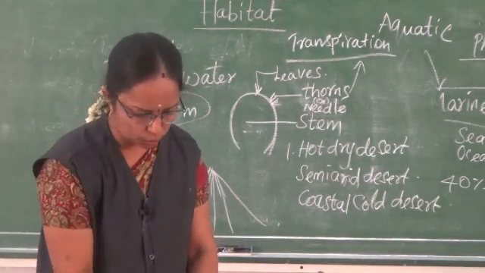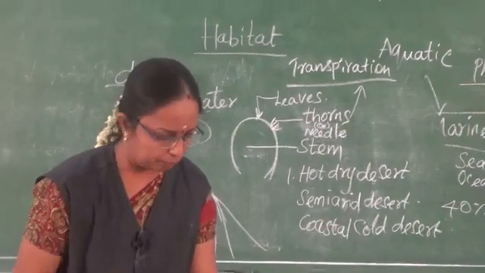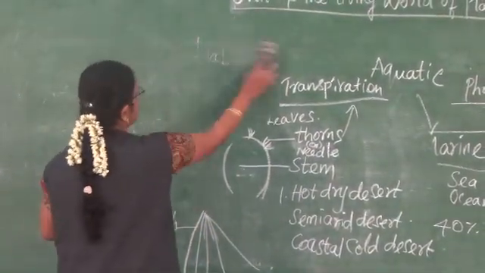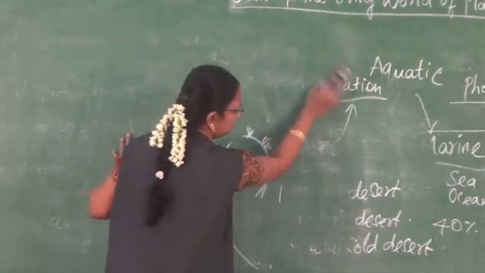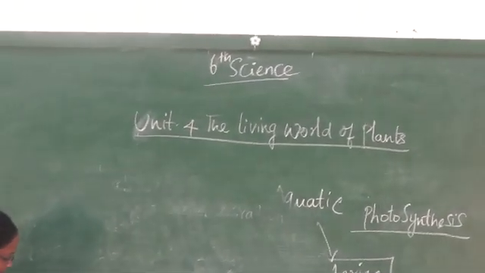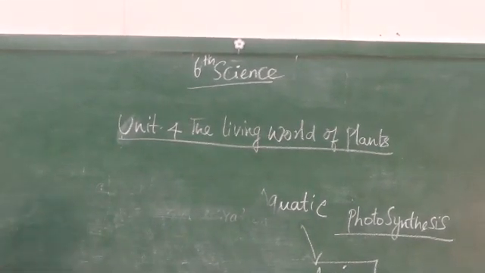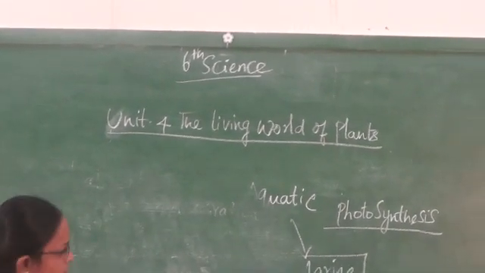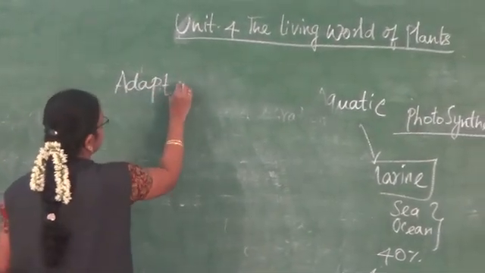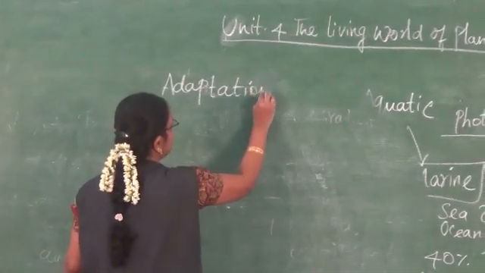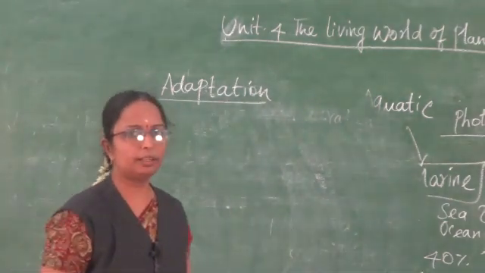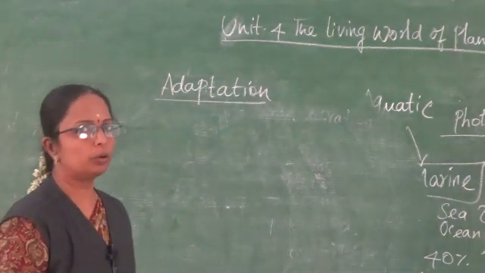Next we move on to the adaptation that is found in the plant. What are the adaptations seen in the plants? Adaptation means the plant may develop some structure in order to live in the surroundings. This is known as adaptation.